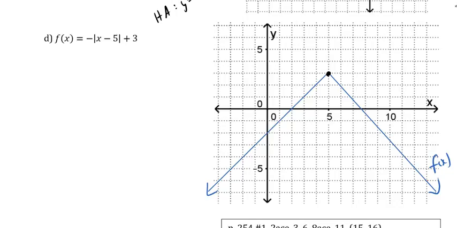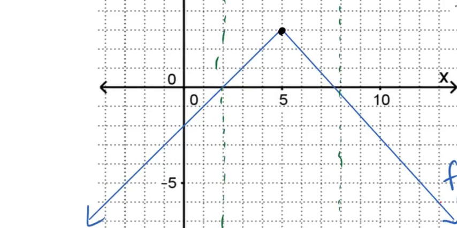Okay, so what's this guy going to look like? Well, same thing, we can draw in our asymptotes at 0. And it should cross through there.